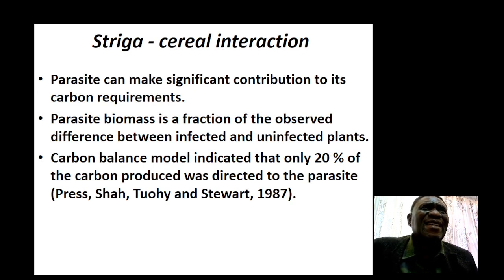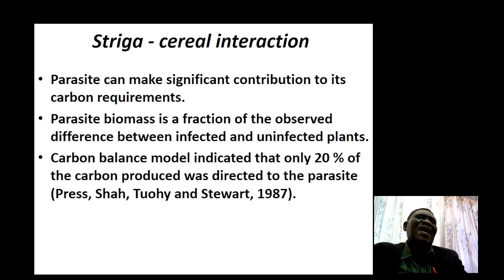But in a Striga serial interaction, the size of the Striga cannot account for the losses in carbohydrates. And in fact, the parasite can make a significant contribution to its own carbon requirements. But parasite biomass is just a fraction of the observed difference between infected and uninfected plants.